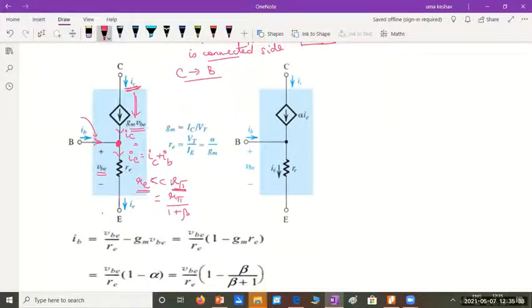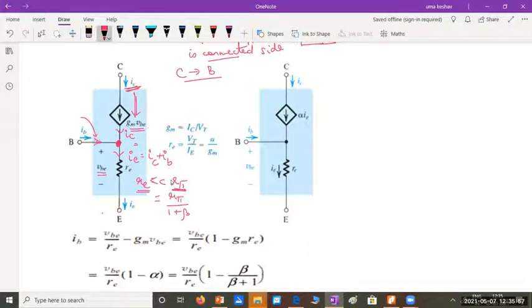So the emitter resistance RE will be much lesser than the resistance R pi, which is seen between base and emitter when the base current flows. RE is the resistance when the emitter current flows. It is as looking from the emitter terminal.